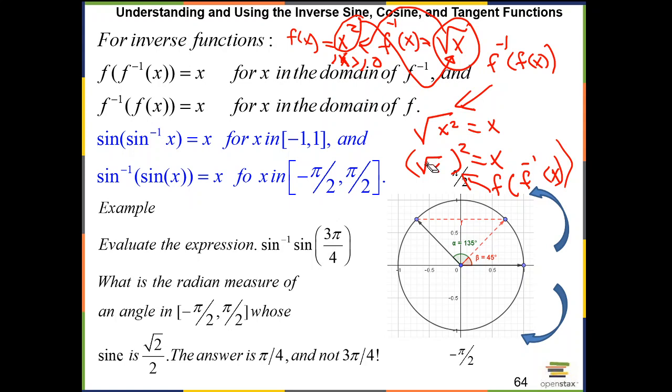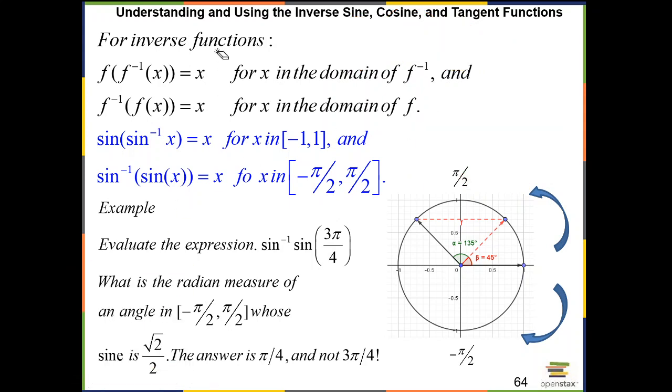So from algebra, we know that if two functions are inverses, then these two statements have to be true. Of course, this is true when x is in the domain of f inverse, and this is true when x is in the domain of f. Otherwise it doesn't make sense. If x is not in the domain of f, you can't get anything out.